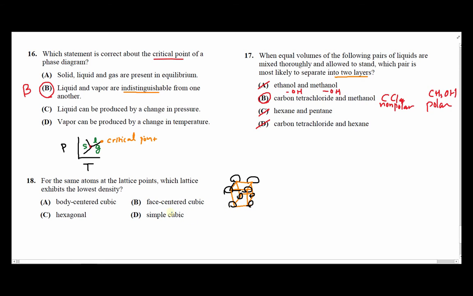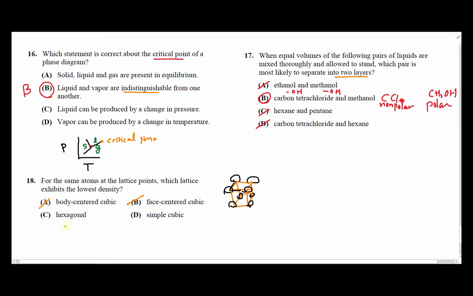Okay? And moving to the body centered, it's the same shape except I have a center sphere, creating higher density, so A is out. And the face centered cubic, that's like I have a semi-sphere on each side of this cube, so I have 6 semi-spheres. That's even denser than the body centered cubic, so B is out.